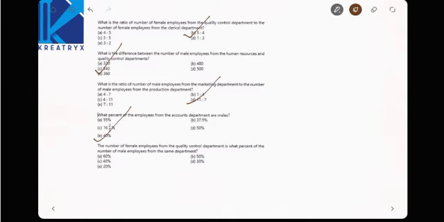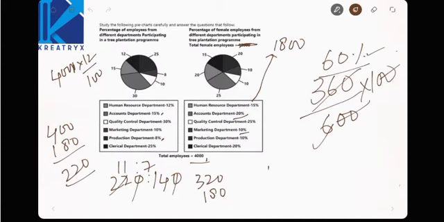Now the number of female employees from the quality control department is what percentage of the number of males from the same department? Okay, now observe this, how many were there in quality control? 25% are there from the quality control department, so 1/4 value, that is nothing but 450, divided by, now how many were there in quality control totally? 30%, 1200.